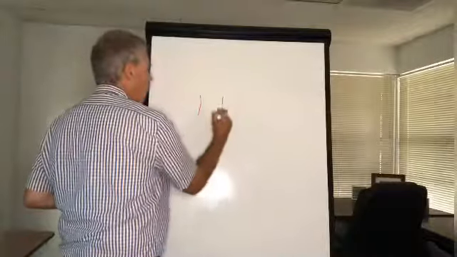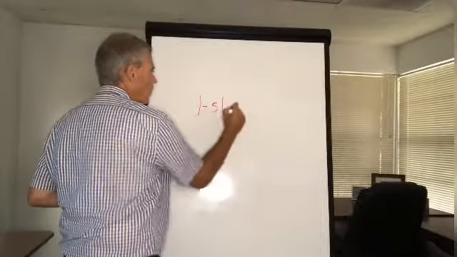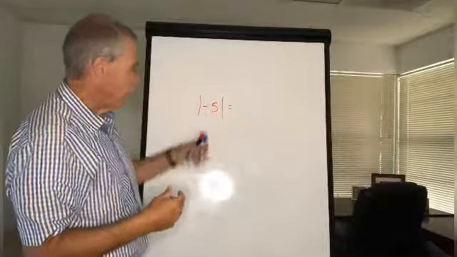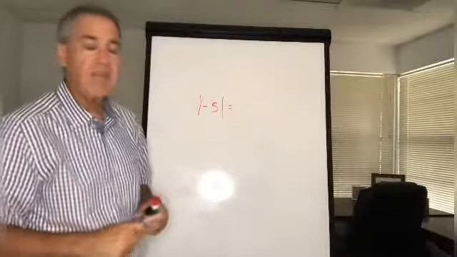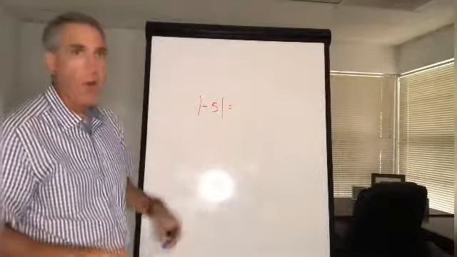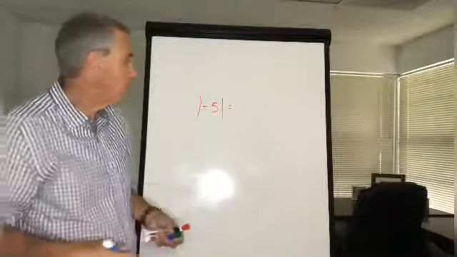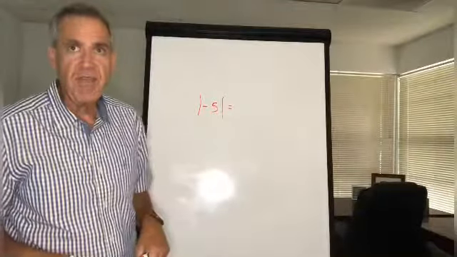The absolute value of -5. These are the absolute value signs. Think of an absolute value as like a washing machine, but instead of cleaning off the dirt on clothes, it cleans off the negative signs.